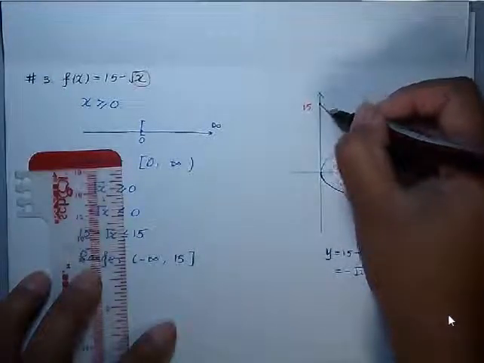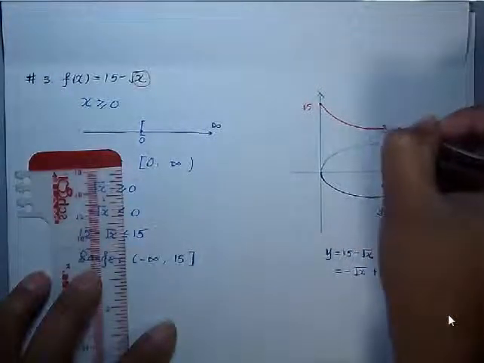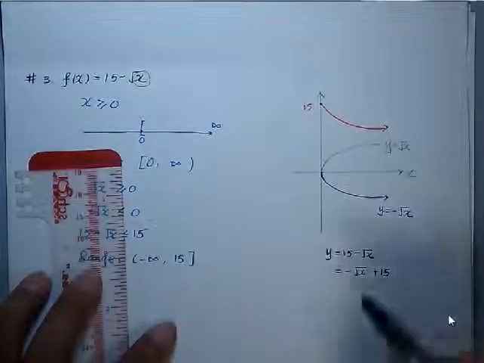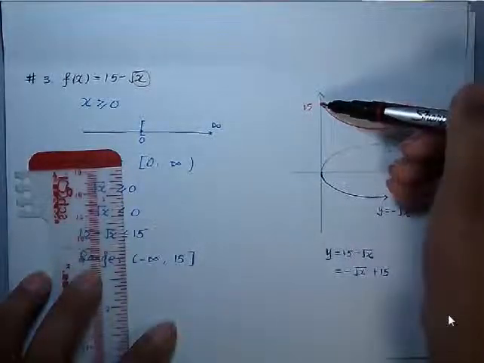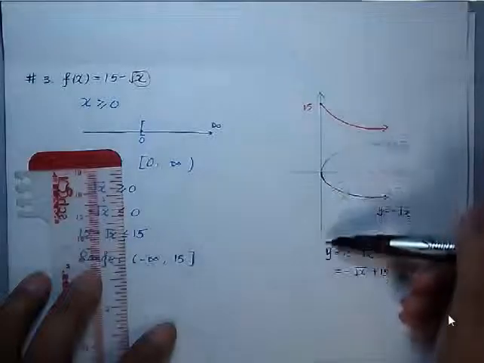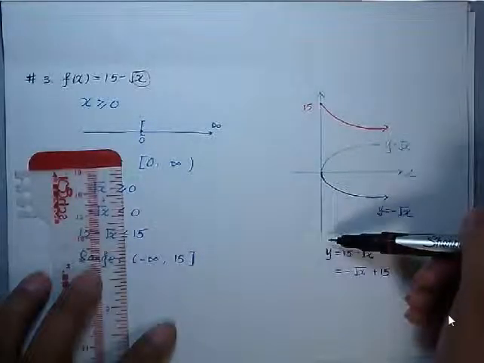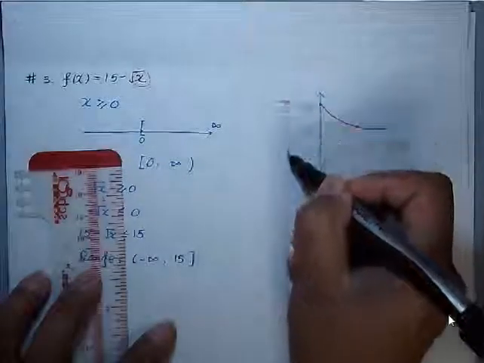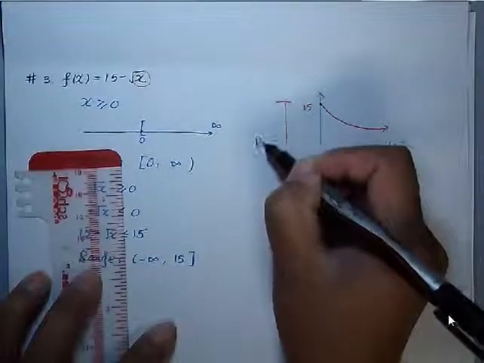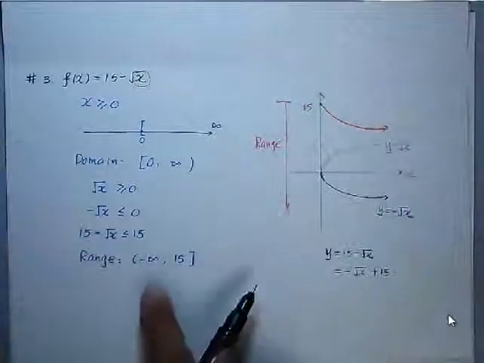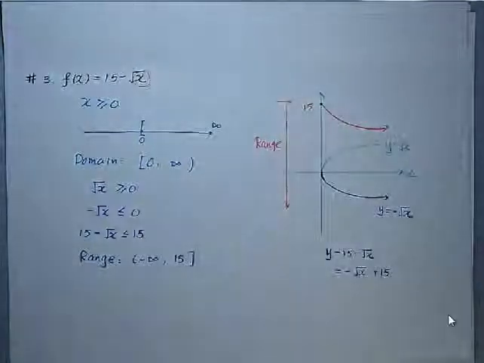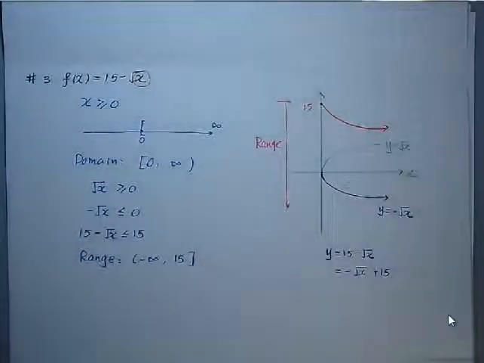So your graph looks like this. Take a look at this graph. You can see the graph is starting from 15 and going down to negative infinity. So this part is your range, which matches what we did algebraically. Right, so those are the domain and range.